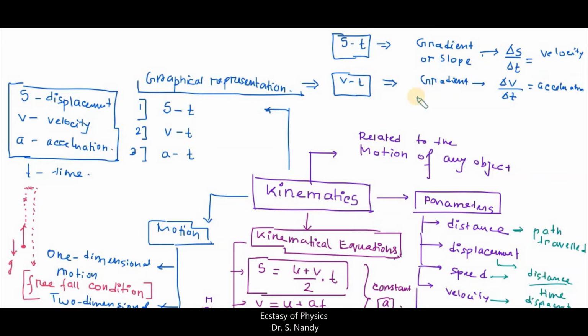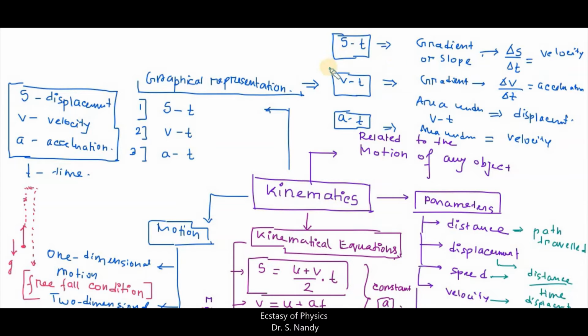And if we can figure out the area under the vt graph, that is going to represent the displacement. And from the at graph, the acceleration time graph, if we can determine the area under the curve, that is going to represent the velocity.